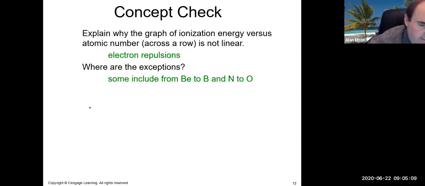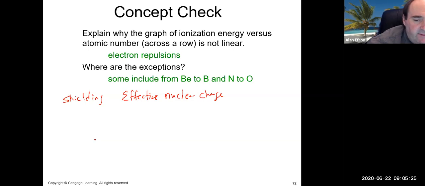This is what is sometimes referred to as shielding and effective nuclear charge. So the idea, for example, of shielding and effective nuclear charge. Let's say we took a nucleus that had a +3 charge, right?